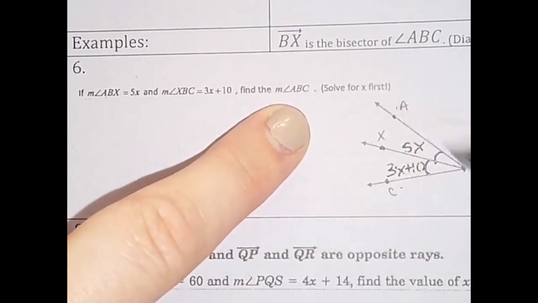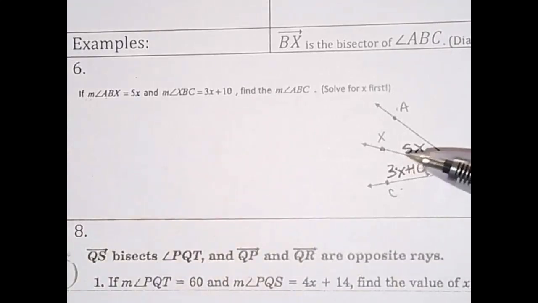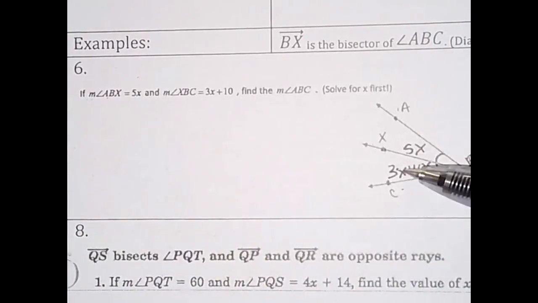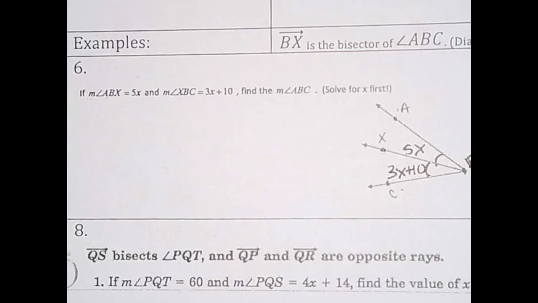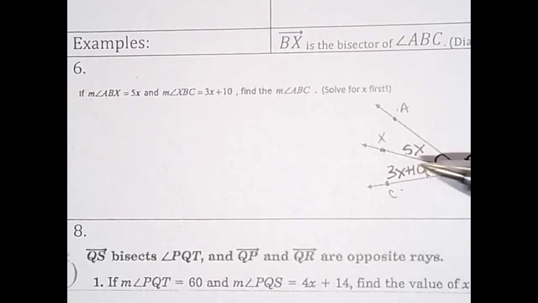Well, I know the two pieces are congruent. So how can I set this up? If I know that these pieces are the same, Hannah? Very good. 5x equals 3x plus 10.